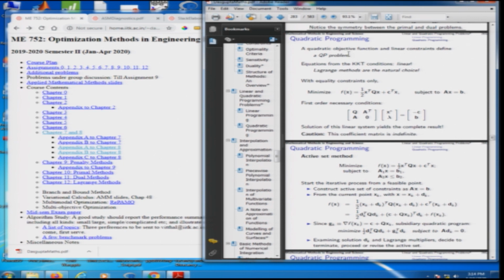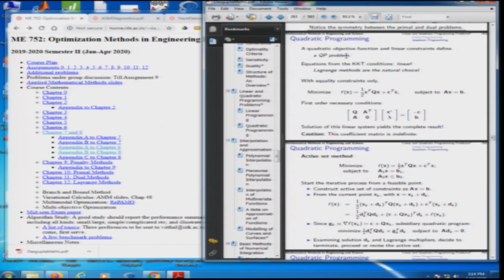Now, why is this special? In the case of linear programming problems, we noticed that it is special because it is easier, in the sense that the KKT conditions of a linear programming problem were all linear. In a quadratic programming problem, the equations that the KKT conditions give are all linear.